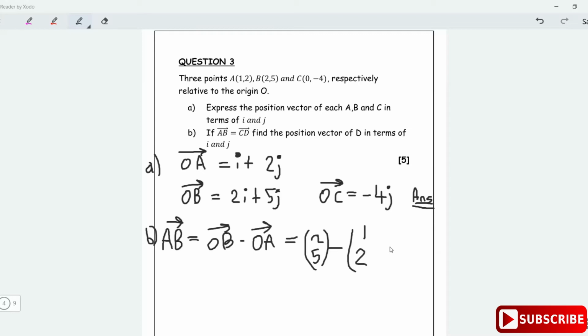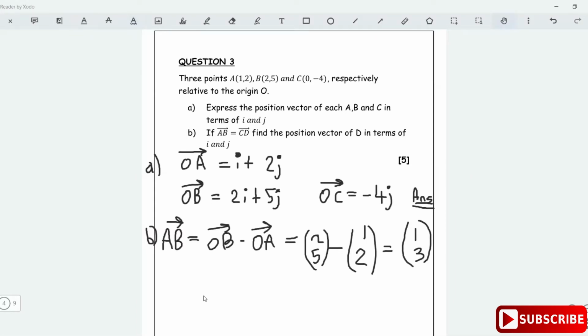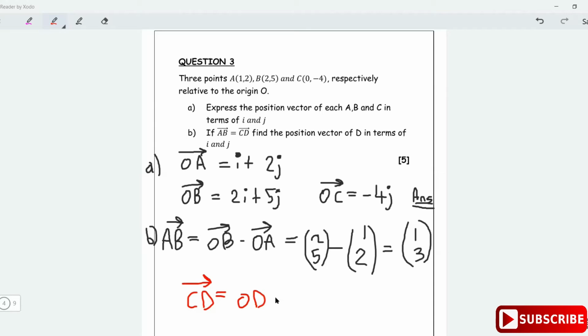And so when we subtract them, 2 minus 1 is 1, 5 minus 2 is 3. So that is vector AB, which is 1, 3. Since vector AB is equal to vector CD, we know that vector CD is OD minus OC.